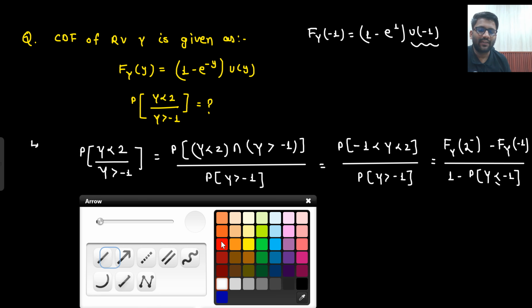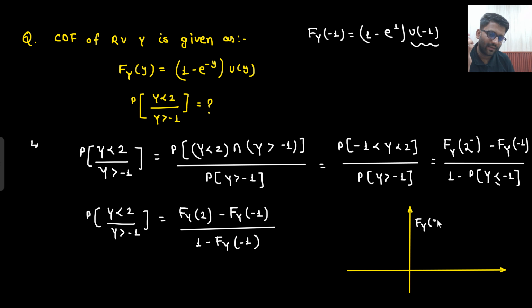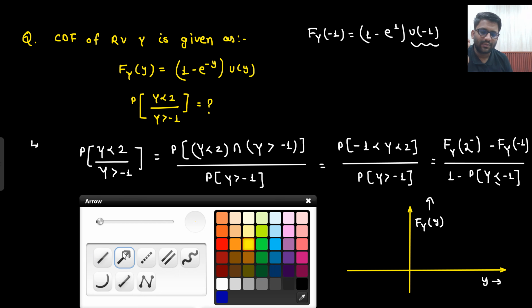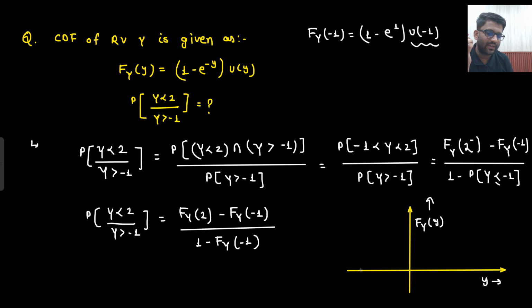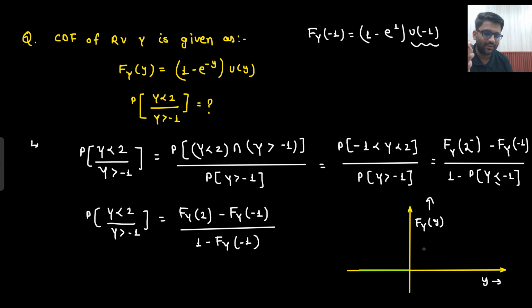If you draw the CDF, F_Y of y versus y, random variable Y is taking values greater than 0 only, right? Because at 0 this will be 0, and at infinity that would be 1. So it is rising from 0 to 1.